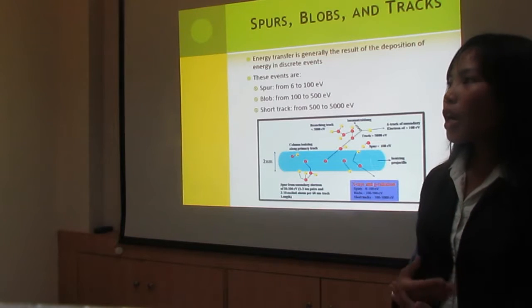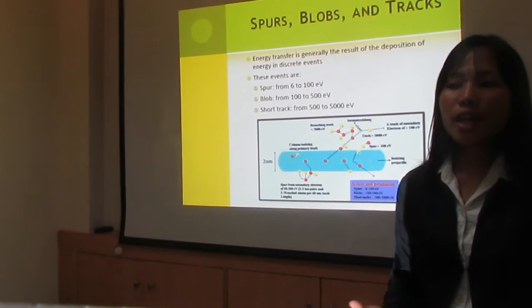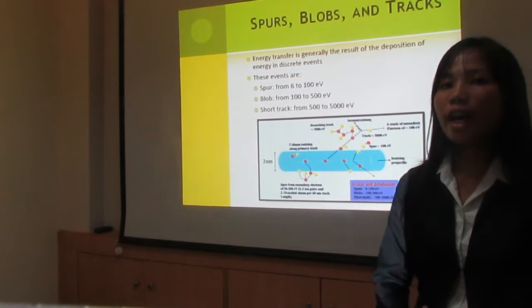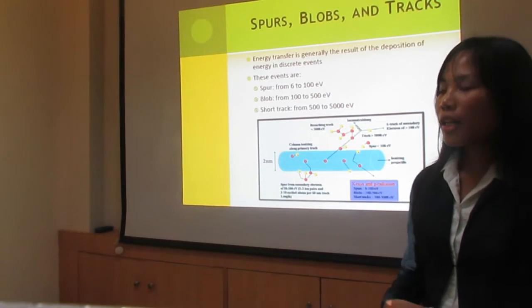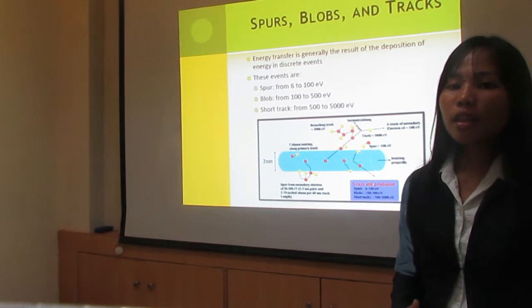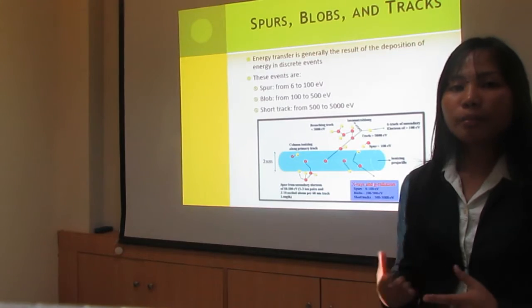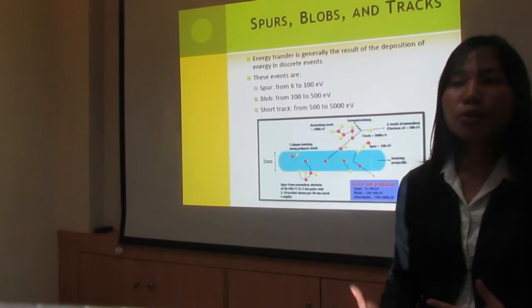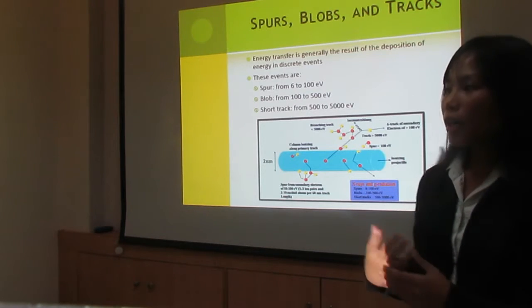Spurs are the pairing of ions when ionizing radiation interacts with water. It produces secondary electrons that pair with ions, which is called spurs, while blobs are the cluster of spurs, while short tracks are the short tracks.